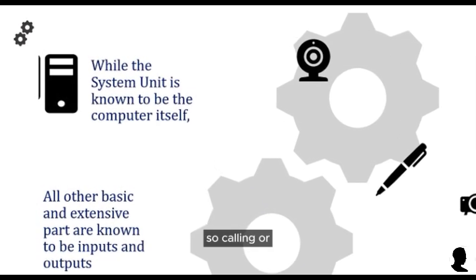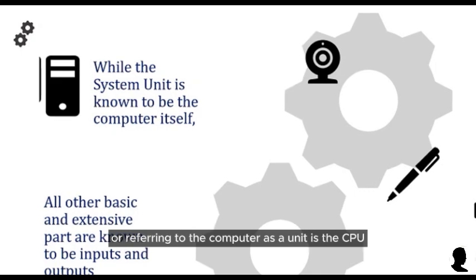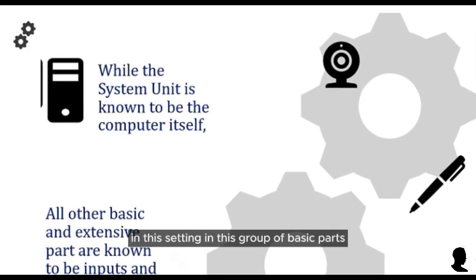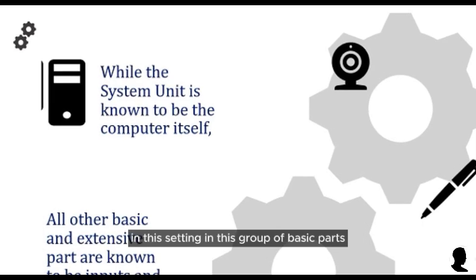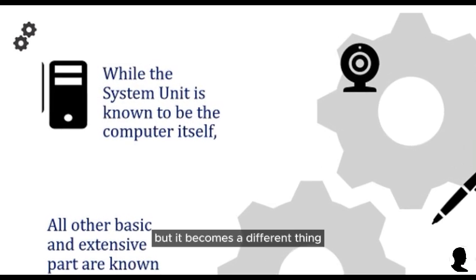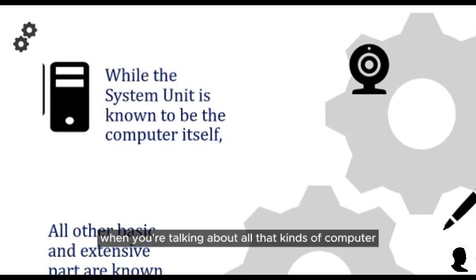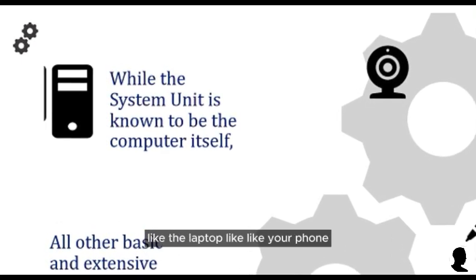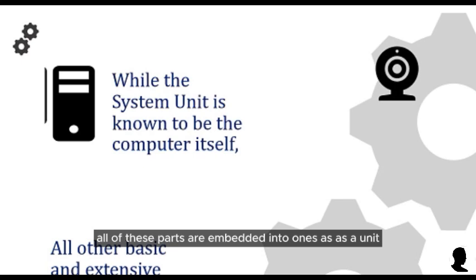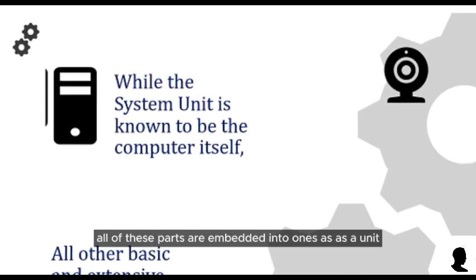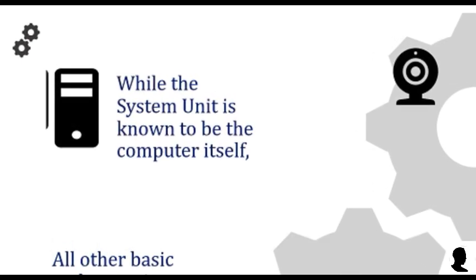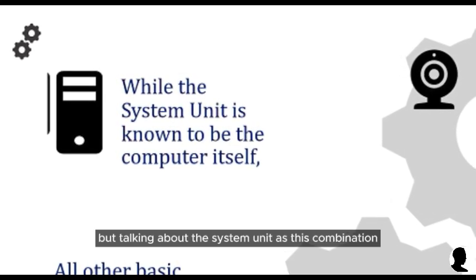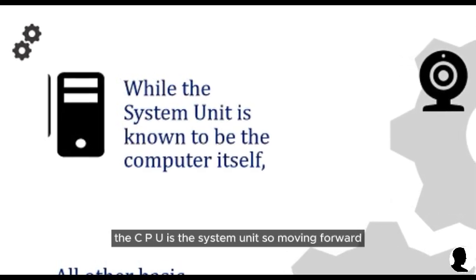So, referring to the computer as a unit is the CPU in this group of basic parts. But it becomes a different thing when you're talking about other kinds of computer, like the laptop, like your phone. All of these parts are embedded into one as a unit. But talking about the system unit as this combination, the CPU is the system unit.